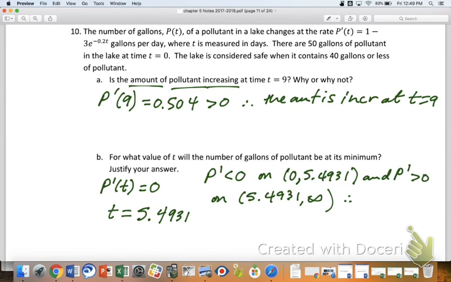Therefore, P is minimized when T equals that 5.4931. That make sense? Or you could use math 9, right?